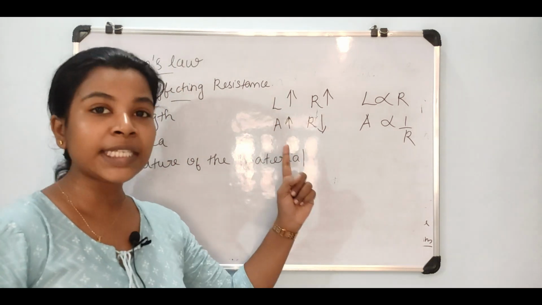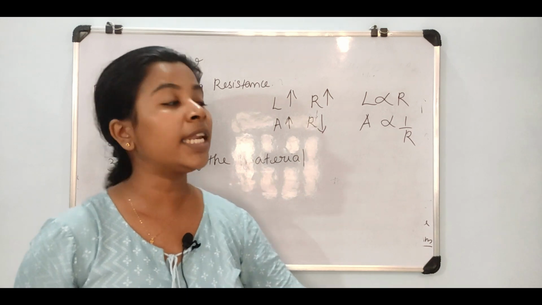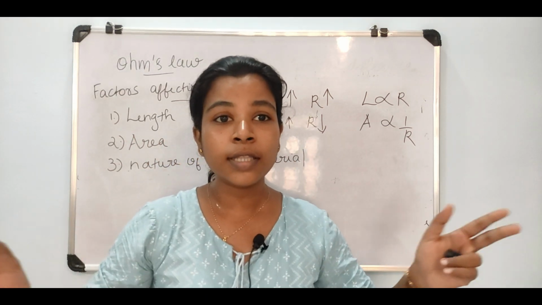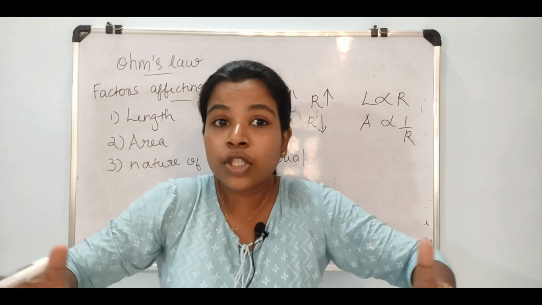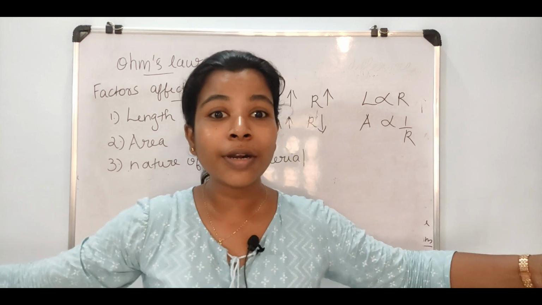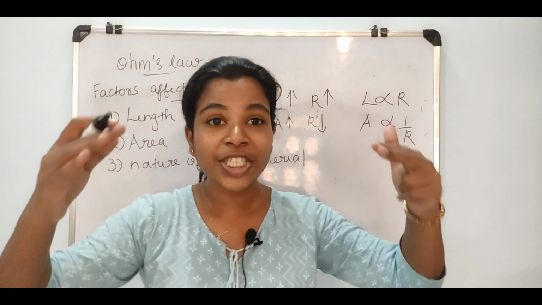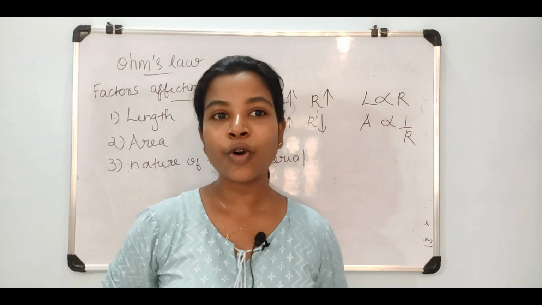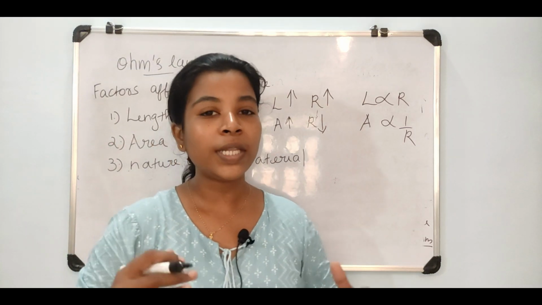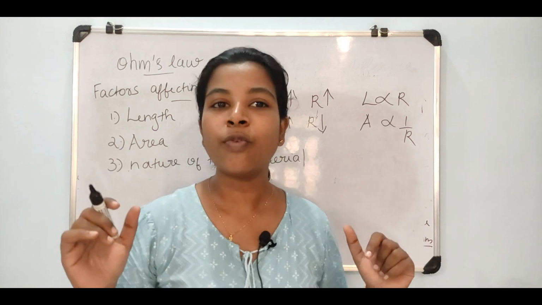When area decreases, resistance increases. It is the opposite. Same case, in the traffic jam, if the width of the road is more, you are getting more space to travel, right? So the obstruction is becoming reduced. Followed. Same happens in the case of a conductor. When the area of cross section increases, resistance decreases and vice versa.